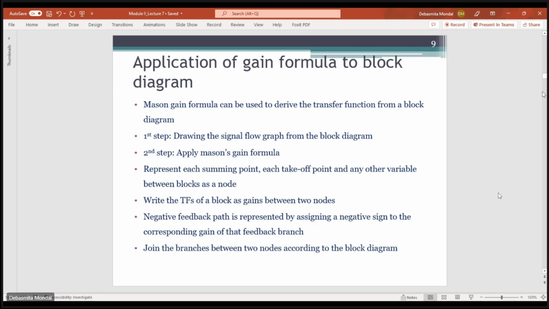Once you have identified the nodes, you draw the interconnections between the nodes according to the block diagram. If there is a negative feedback path, you represent the gain for that corresponding branch with a negative sign, and then you join the branches together according to the block diagram, and that will give you the overall signal flow graph from the block diagram.